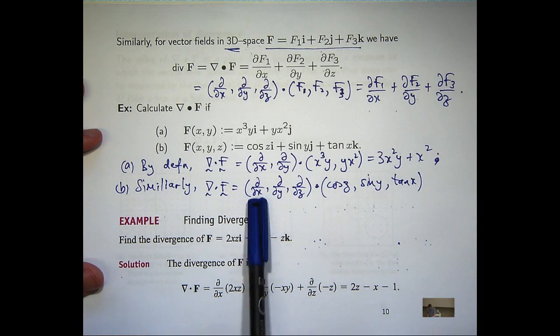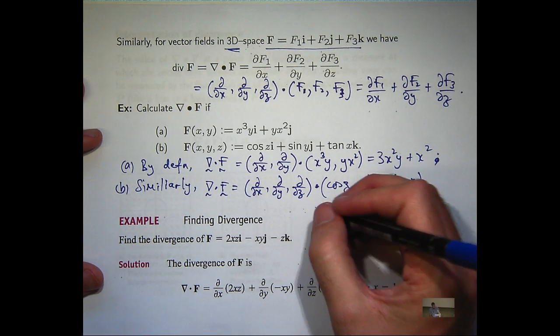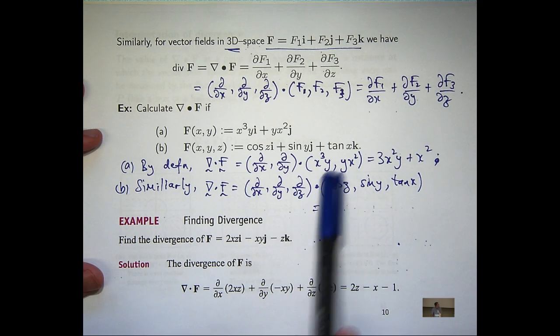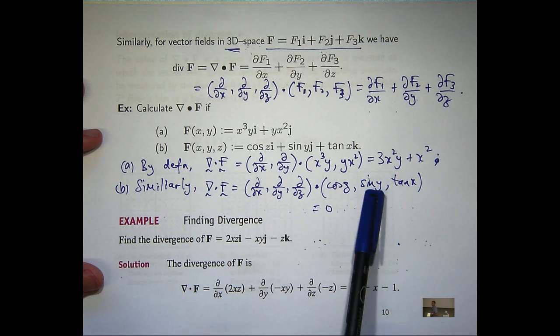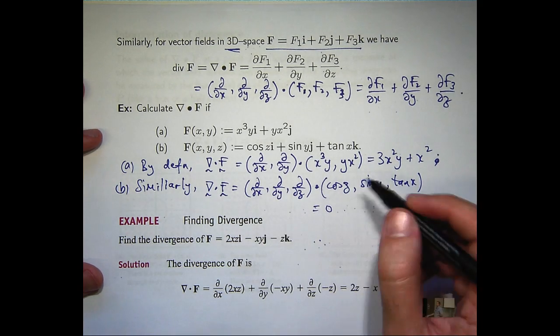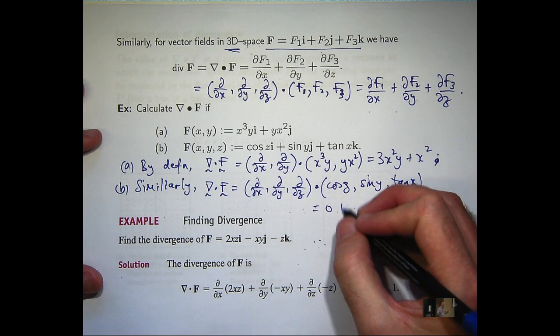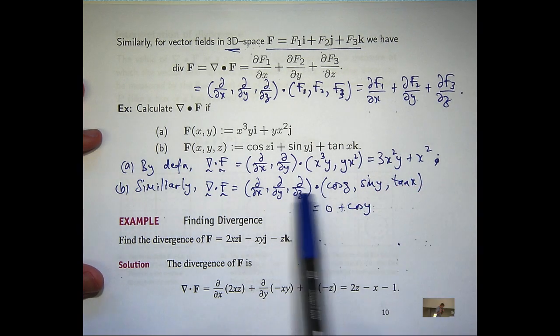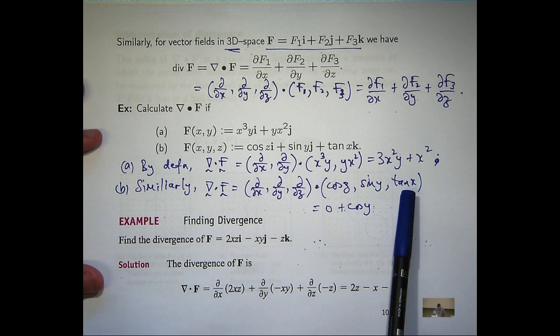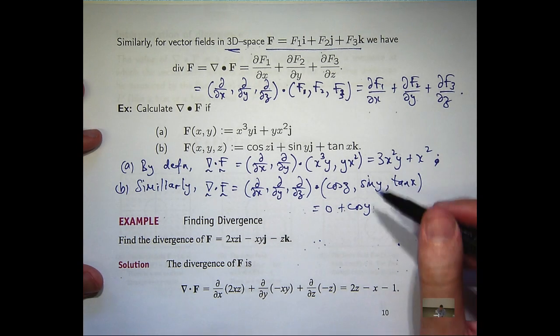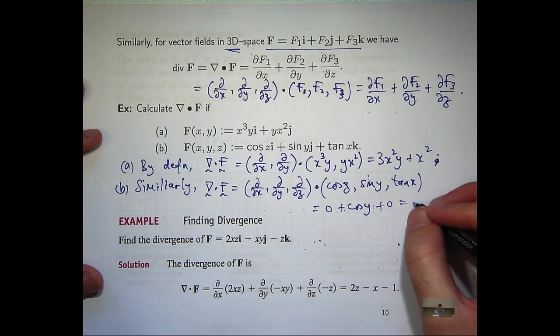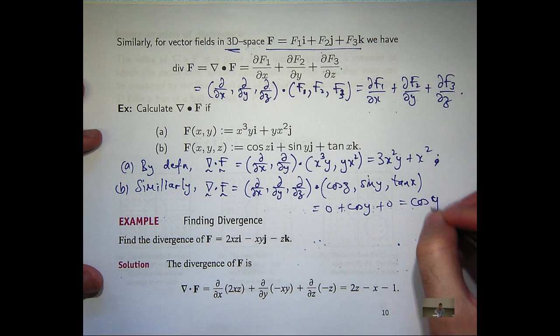So it's ddx of cosine z, well, that's going to be 0 because there's no x's in there, plus ddy of sine y. Well, if I differentiate sine y with respect to y, I'm going to get cosine y, plus ddz of tan x. So there's no z's in that, so that's going to be 0. So I get cosine y.